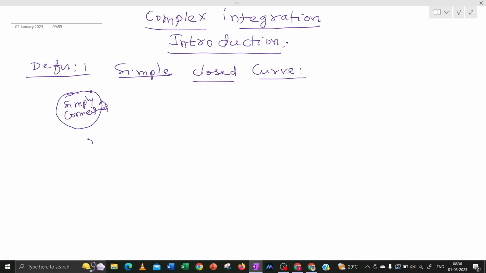Otherwise, if you consider this curve, it is starting from here, but in between some crosses, intersection points, are there. So this type of curve is called a multiple curve.